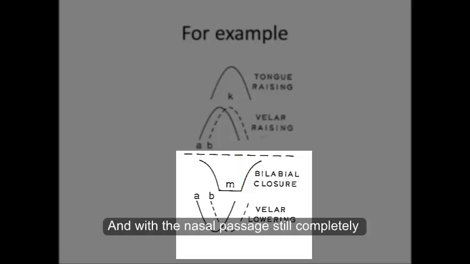And with the nasal passage still completely closed off by the raised velum, the only place where that air pressure can be released is through the now open mouth. And what do we call a consonant that's produced with a brief period of closure in both oral passage and nasal passage, followed by an oral opening and the resultant burst of air as the increased oral air pressure is suddenly released? We call it a stop consonant.